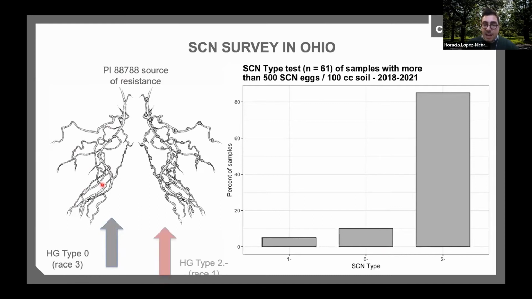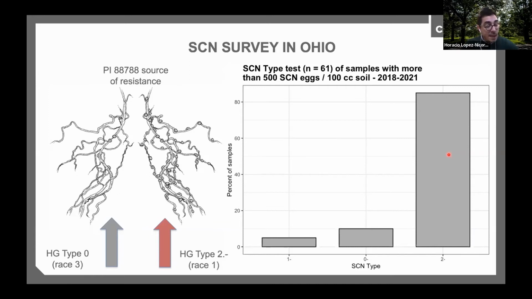However, more than 85% of those samples that we put in the greenhouse can develop on PI 88788 above that 10% compared to a susceptible. Okay, so above 10%, is 11% something that we should be worried about? No. And you should continue using resistance to manage that problem, but consider maybe rotating and using a different source of resistance.